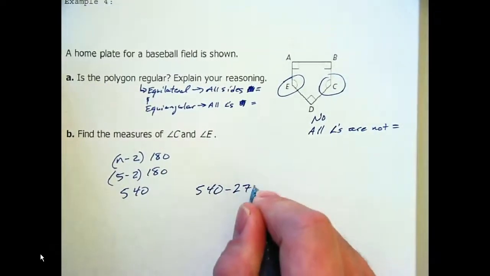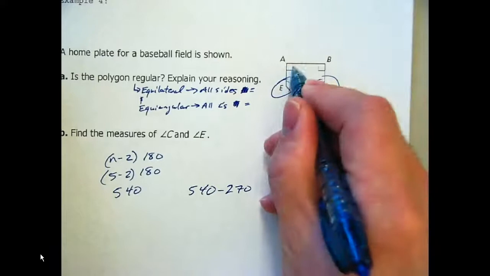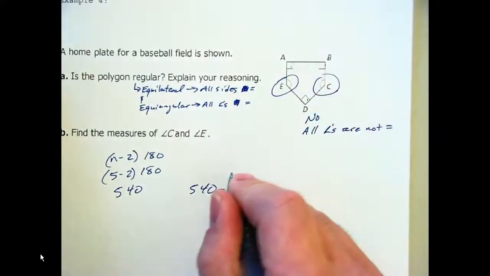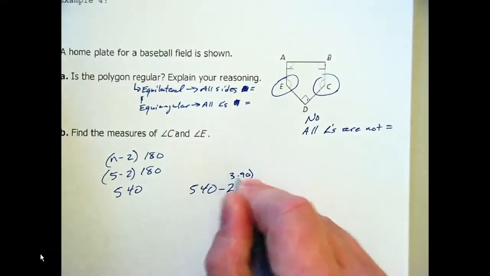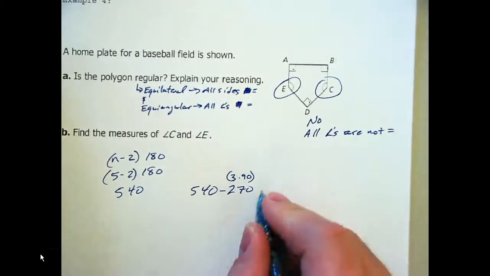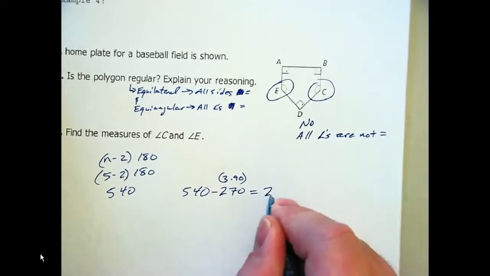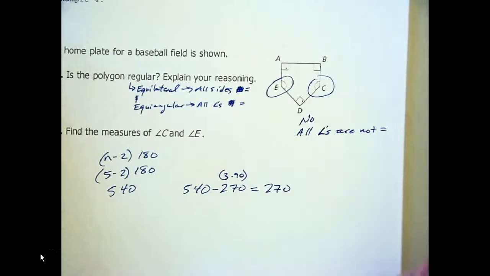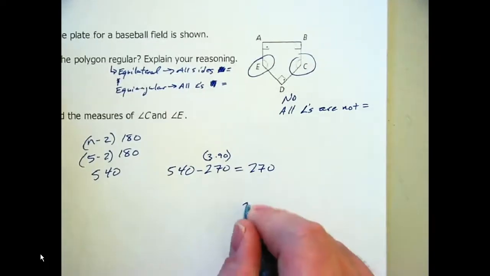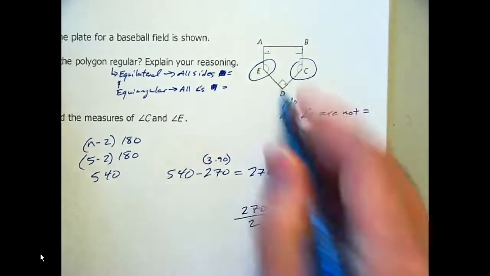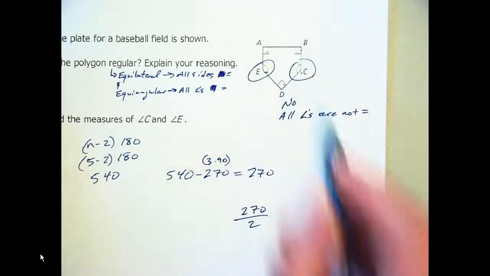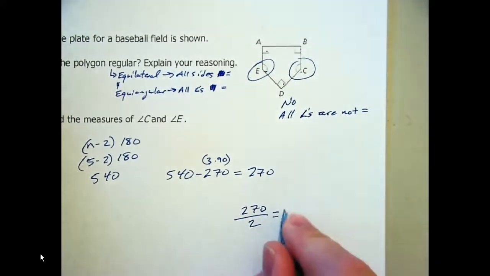Why 270? Okay, so 3 times 90 is 270. Good, and you have those two congruent angles. You divide it in half. That gives you 135 each.